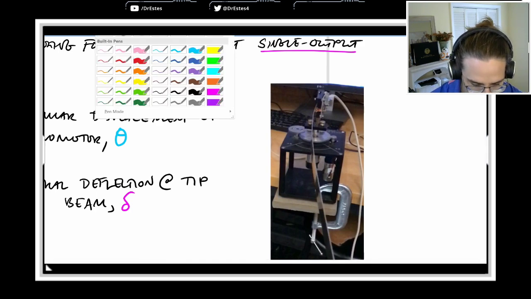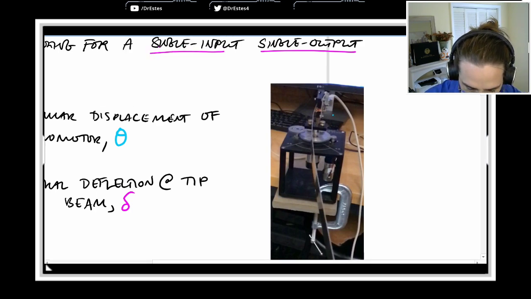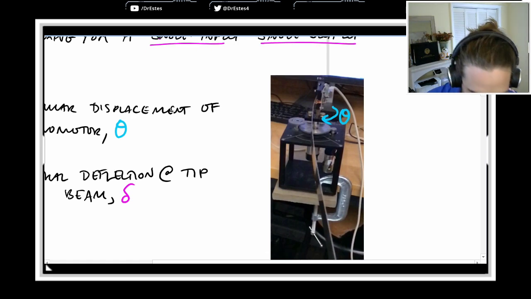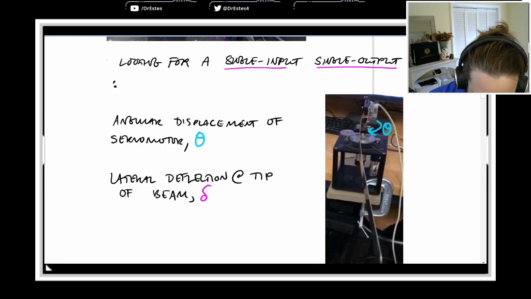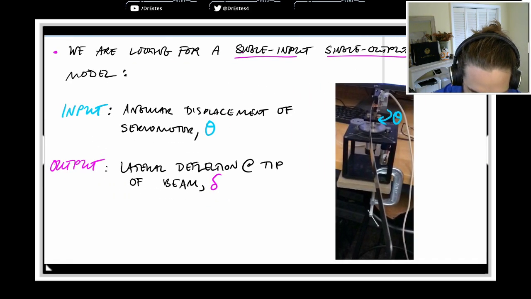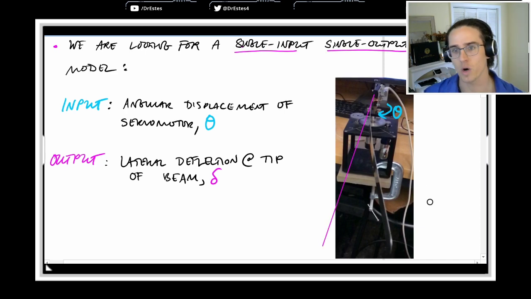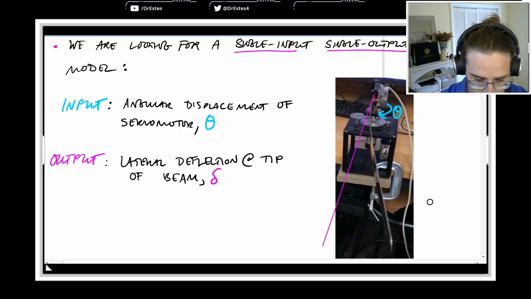So anyways, our input is the angular displacement of the servo motor back here. And then what I mean by the lateral deflection of the beam is like if you drew a straight line from the base, this is like a projection of where the beam would be if it wasn't bending at all.